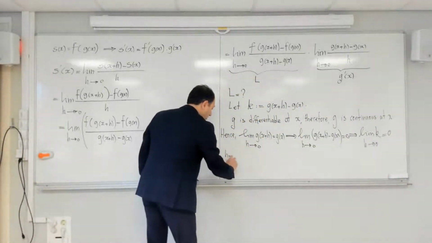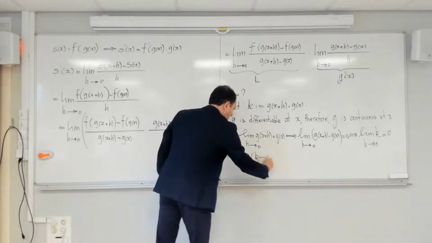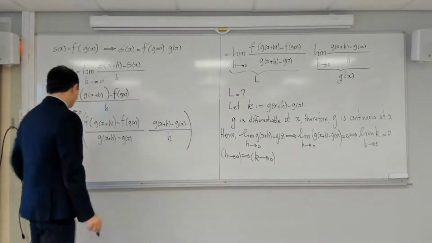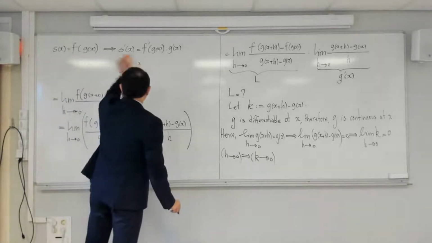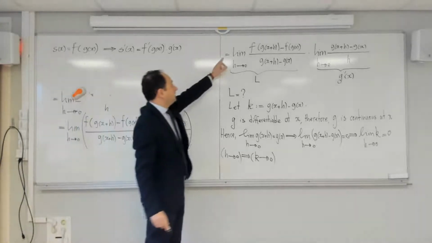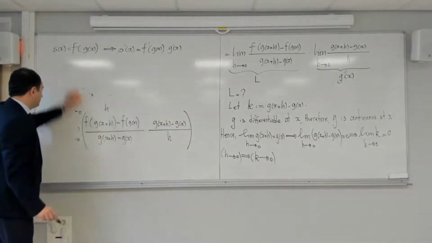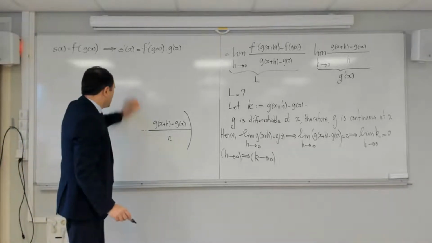So when h goes to 0, this implies that k also goes to 0 by this definition that I have made here. Remember that I am calculating s prime of x here.